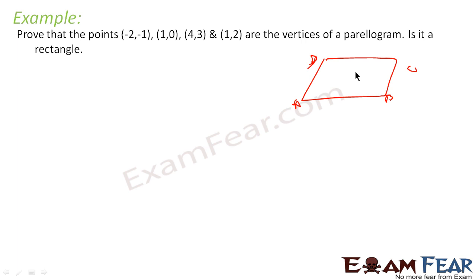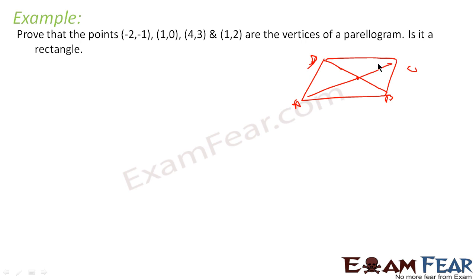Second, one easier approach we have, since we already know the formula to find the midpoints, so we have this ABCD. We can find the midpoints. So if the midpoint of AC and the midpoint of BD are coinciding, they are the same point, that means it has to be either parallelogram or rectangle.